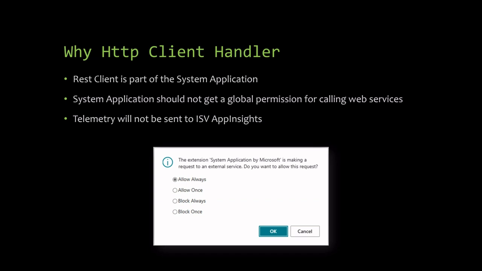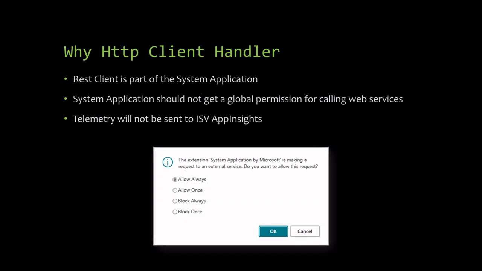I'm sure you all are used to that message, and you probably just click it away. Yeah, I allow it. But usually it is your app that is mentioned here. The extension, your app, is making a request.